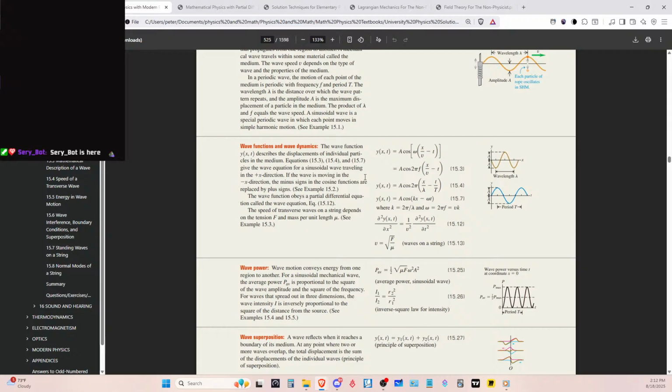If the wave is moving in the negative x direction, the minus sign in the cosine function is replaced by a plus sign. See example 15.2. Okay. The wave function obeys a partial differential equation.